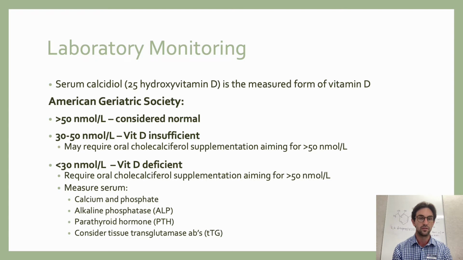Anything between 30 and 50 nanomoles is considered vitamin D insufficient, and these people may require oral cholecalciferol supplementation. And then anything less than 30 is considered vitamin D deficient. These people will require monitoring of calcium and phosphate, ALP and PTH, and potentially tissue transglutaminase workup for celiac disease. And these people will require supplementation to normalise those levels.